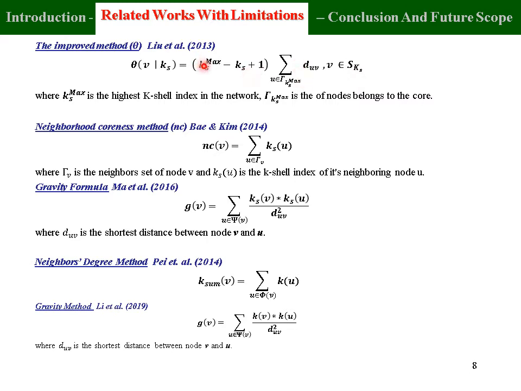Like this Ks max, we have seen V1, V2, V3, V4. There are 4 core shell nodes, and suppose we are interested in computing for V15. Then Ks will be 1, Ks max will be 3, and the distance will be the distance of node V15 to V1 plus V2 plus V3 plus V4, because those 4 are the core shell nodes.